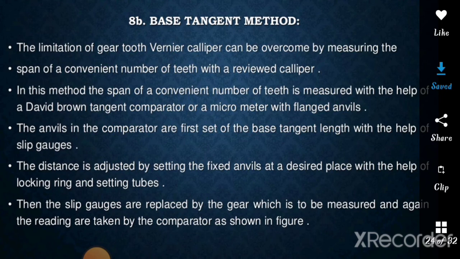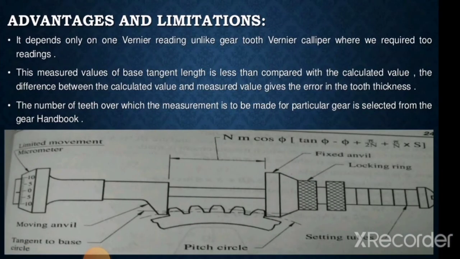This instrument consists of a fixed anvil and a movable anvil. As we can see in the diagram, there is a micrometer on the moving anvil, and it has a very limited movement on either side of the setting.